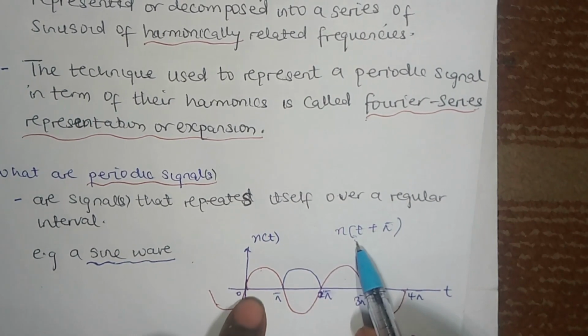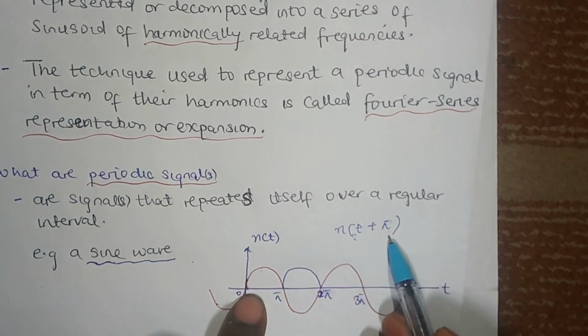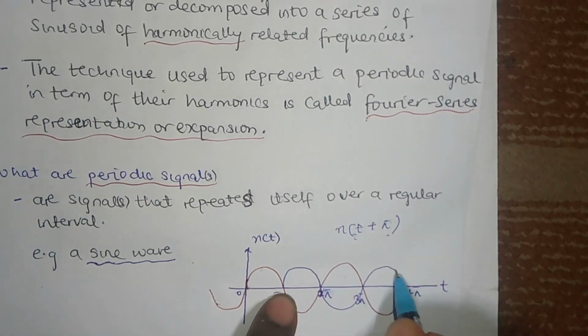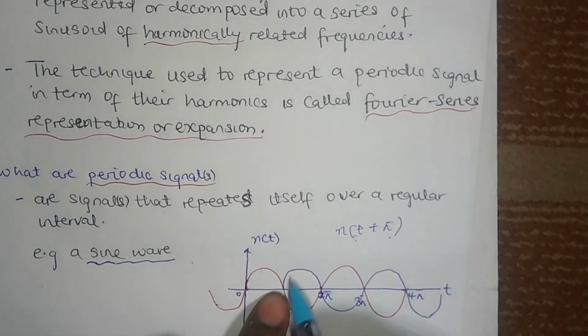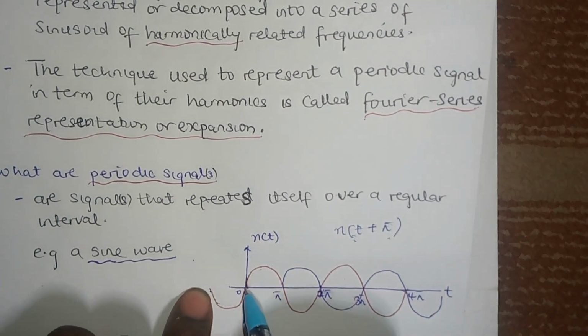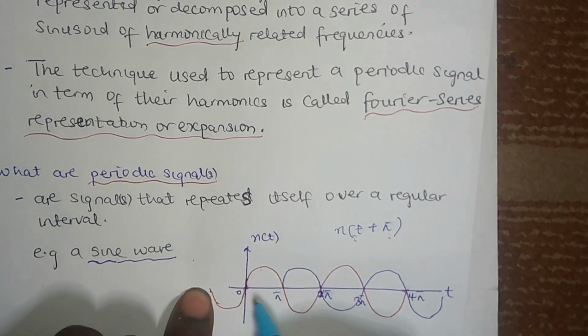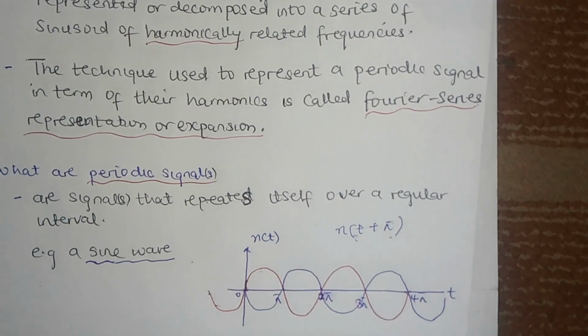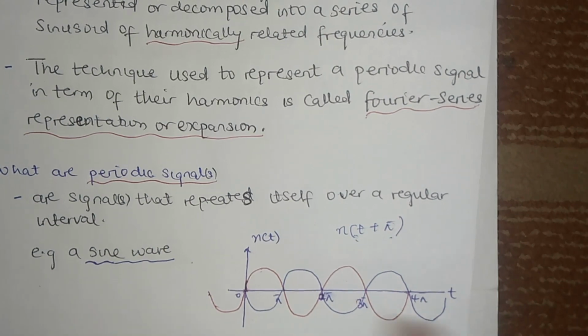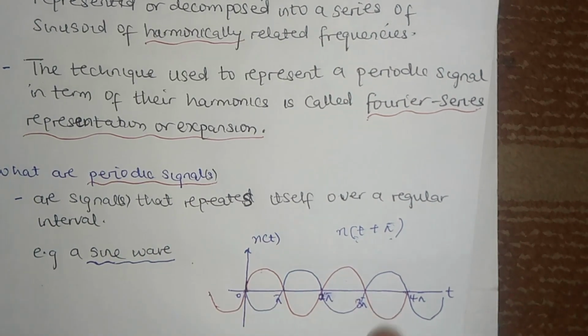If we're starting at 0, we move it to pi. Then it's you moving the signal. You understand? You shifted the signal. And remember, this minus pi goes to 0 and it forms another one here. So it repeats itself at regular interval, as you can see the way it works. That's a periodic signal. An example is the same wave we just discussed, the one in the red line.